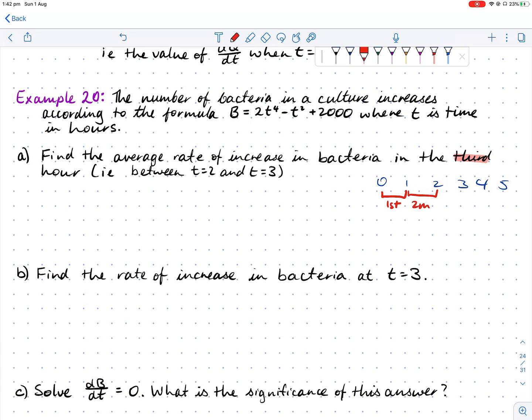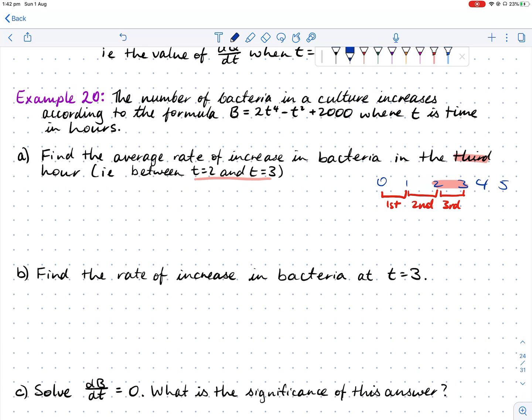The second hour is between 1 and 2. And the third hour is between 2 and 3. So when we're looking for this average rate, we're finding the gradient between the second and the third hour. And I've given you that as a hint. You're not always going to get that hint, so you need to make sure that you read the question carefully.